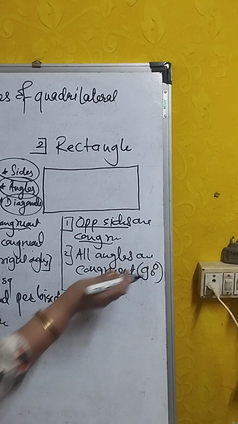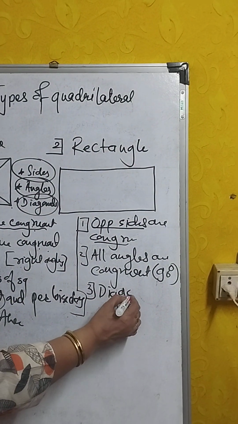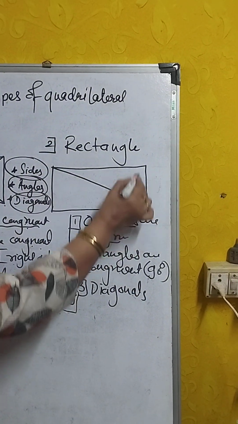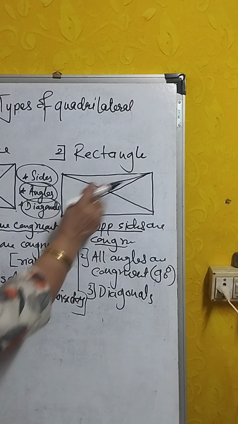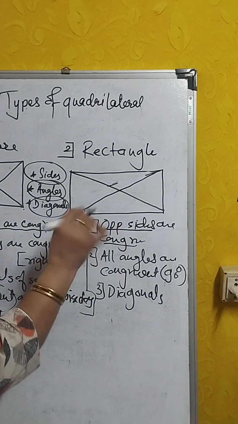Okay. Third one is diagonals. What is the importance of these diagonals? Diagonals of rectangle are congruent and bisectors.